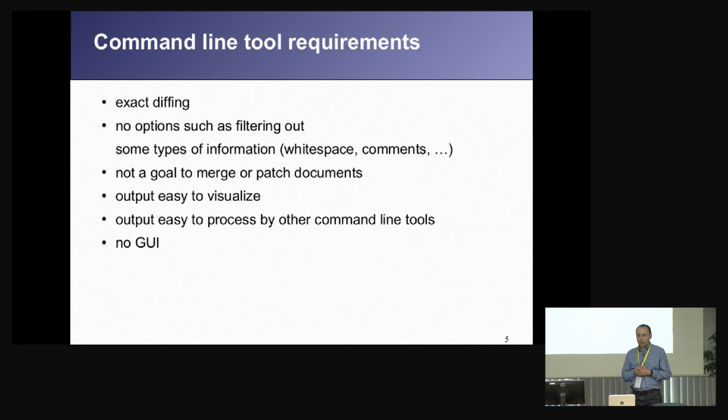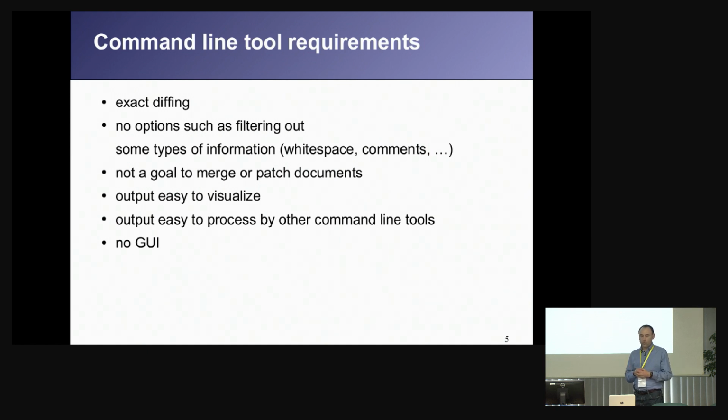So we wanted a command line tool to do exact diffing between XML documents. When I say exact diffing, this is at the character level, so it's not word by word or node by node. We really wanted exact diffing like in diff.